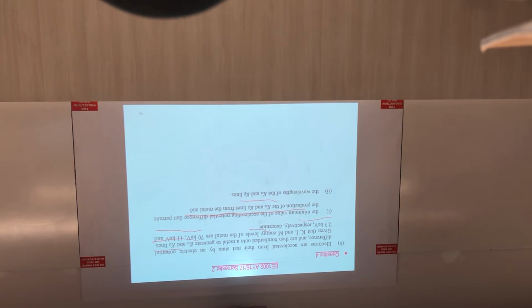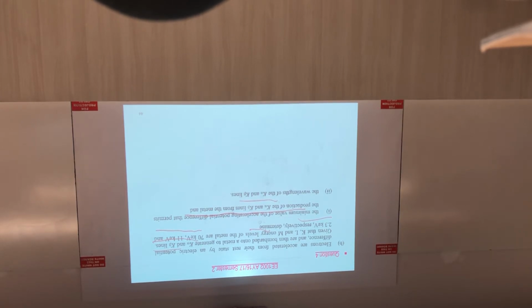So what's the first requirement to have K lines? The first requirement is to create a vacancy in the K shell, isn't it? You must have the vacancy in the K shell, then the electrons in the upper shells will transition to this vacancy, which will generate these K lines.